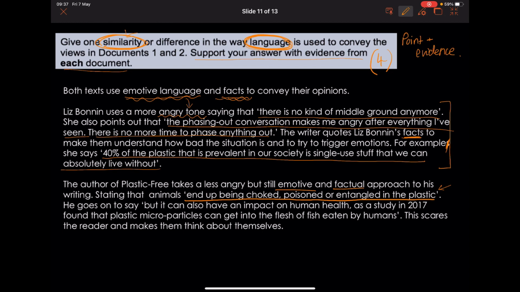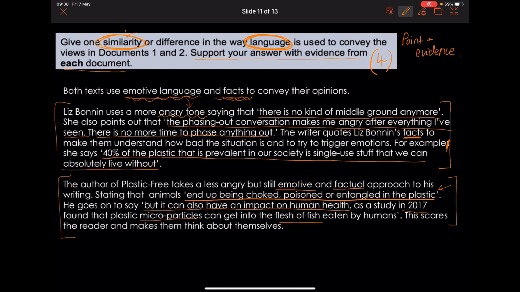It's very emotive. He goes on to say, but it can also have an impact on human health, as a study in 2017 found that plastic microparticles can get into the flesh of fish eaten by humans. So that's also a fact because it's from a study. This scares the reader and makes them think about themselves. Again, that's probably about right for that one.